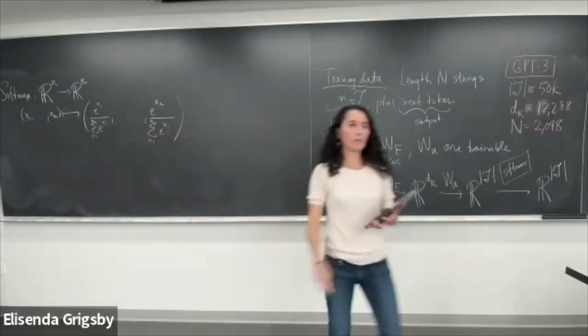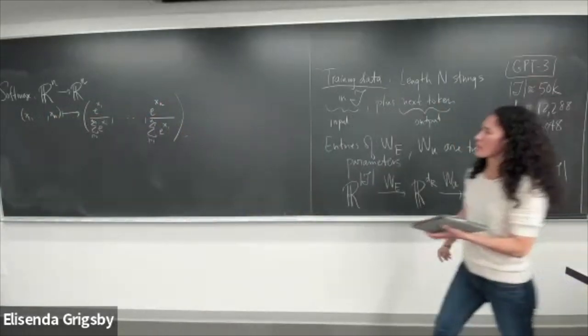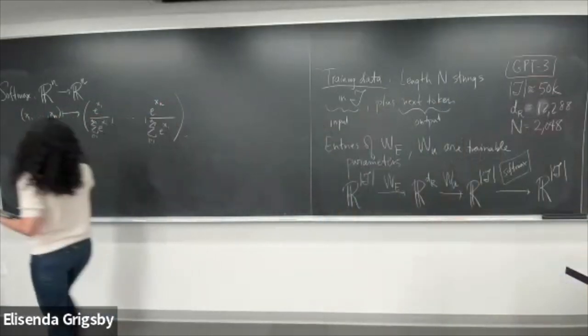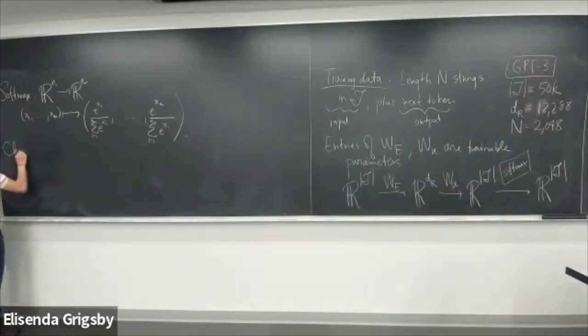So this is the map. And you can check that an important property of this softmax function is that it preserves ordering, because e to the x is a monotonic function.